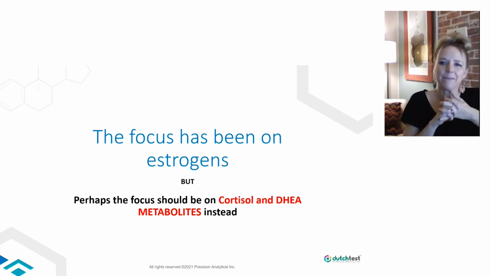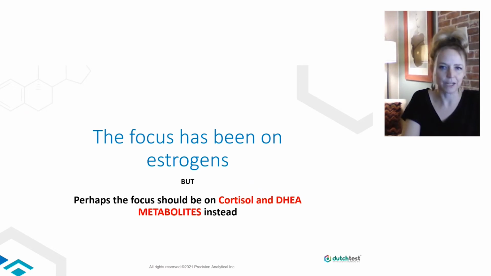But there may be other parts of the steroid metabolome that are also associated with development of obesity and breast cancer, and they are the cortisol metabolites, maybe not surprisingly, and some of the DHEA metabolites as well.